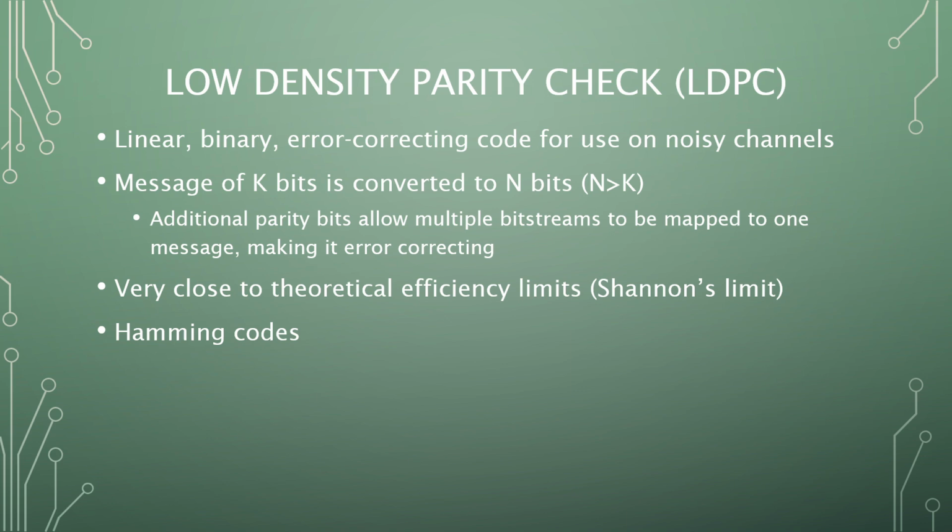An example is the Hamming code, a parity check code. The (7,4) Hamming code that we looked at in class has 3 parity bits. But the Hamming code isn't exactly low density, because the difference between N and K isn't as large. Low density parity codes have an even bigger difference.